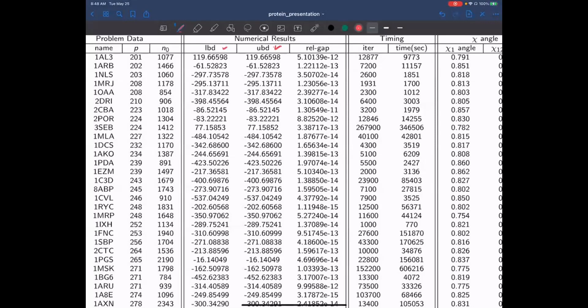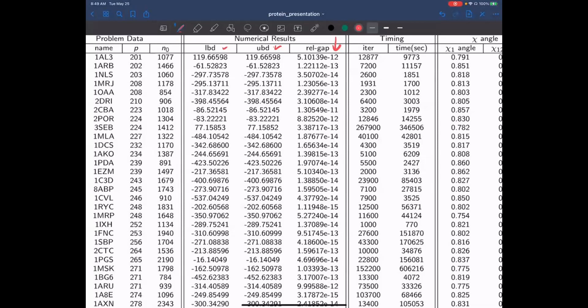I'm also working on explaining why we get such a good relative gap. It's really amazing that it always gives the optimal solution for the original problem. Yes, it's crazy. This is what I am working on, and I have some idea on how to explain this.